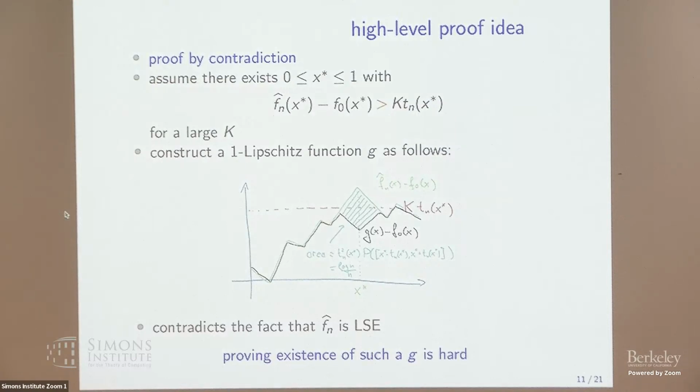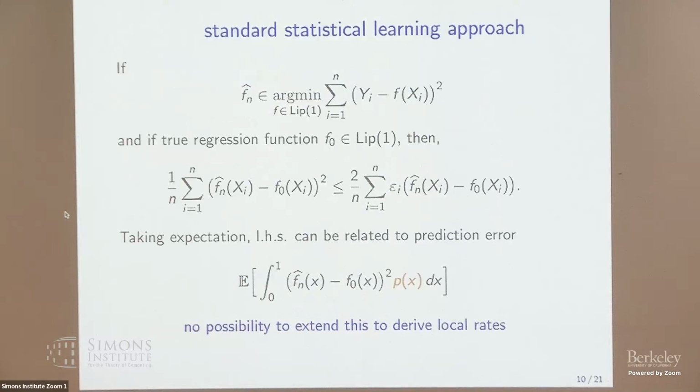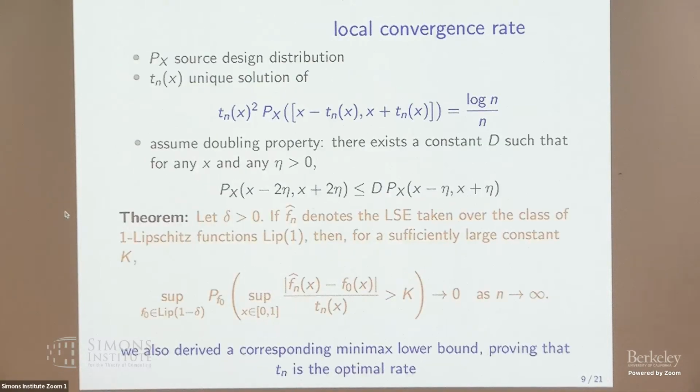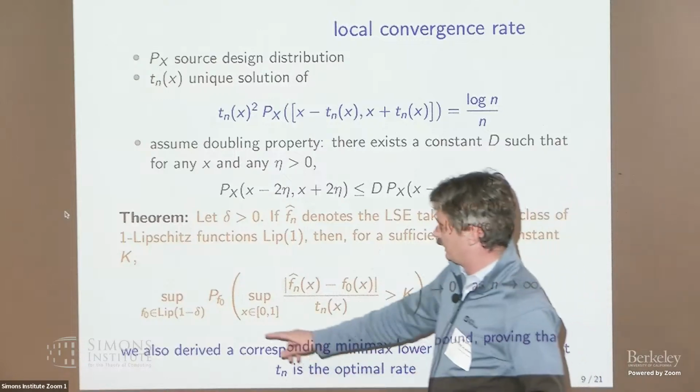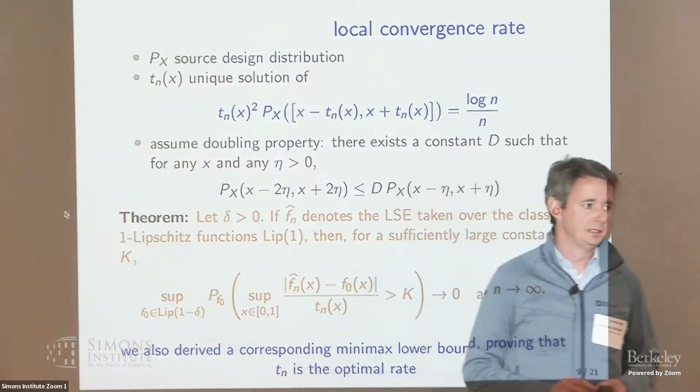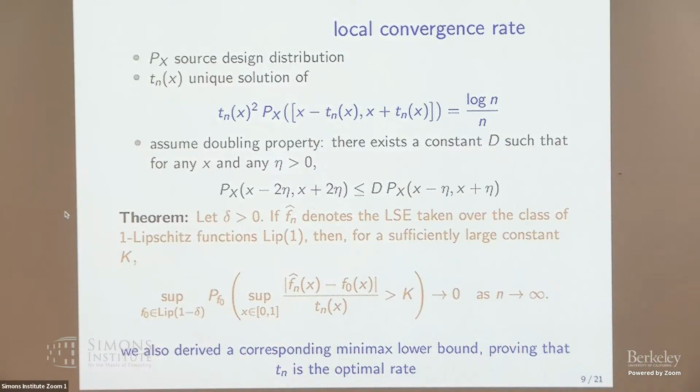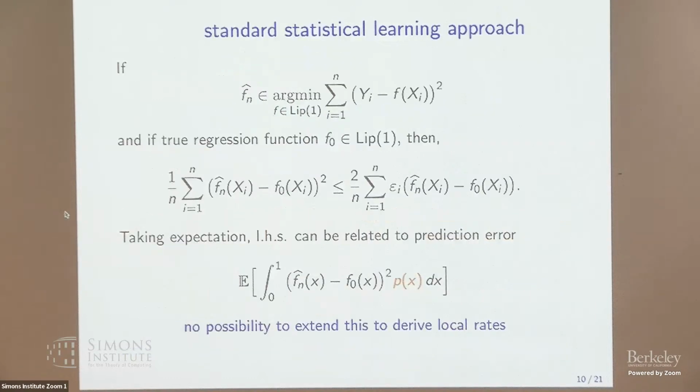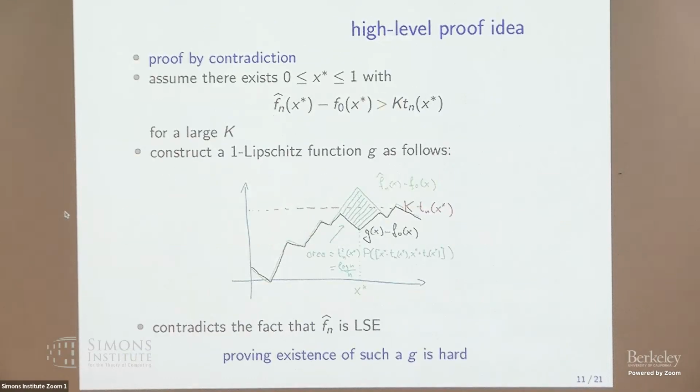And here the argument is that the true function is actually in Lipschitz 1 minus delta, and delta is positive. If the true function is in Lipschitz 1 minus delta, that means that f hat cannot always go up with Lipschitz constant 1, because it would be somewhere very far away from f naught, and that would give you a contradiction as well.